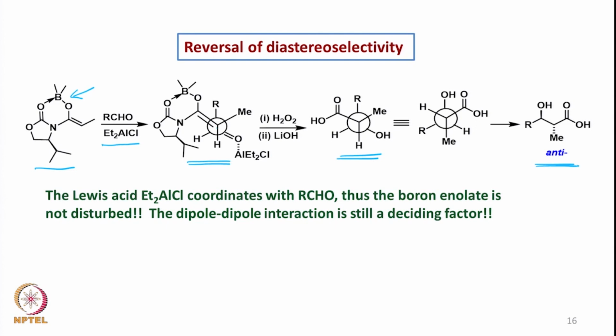So this anti-aldol formation is essentially taking place because we have not broken the boron enolate, and therefore this diethyl aluminum chloride as a Lewis acid allows the orientation of the transition state in such a way that we get the anti-aldol, which is the reversal of the diastereoselectivity.